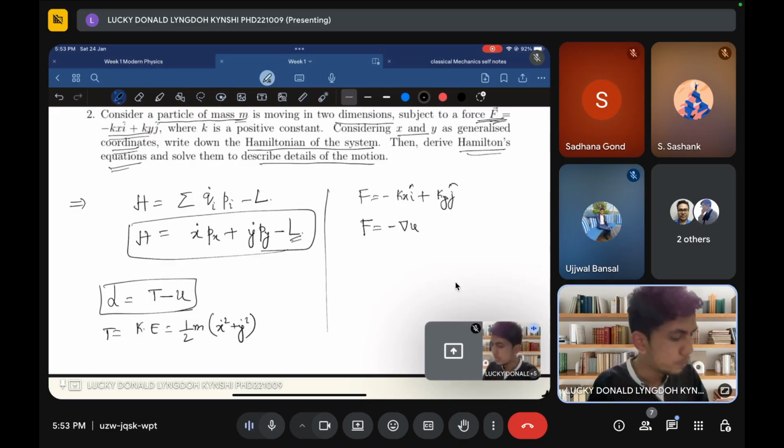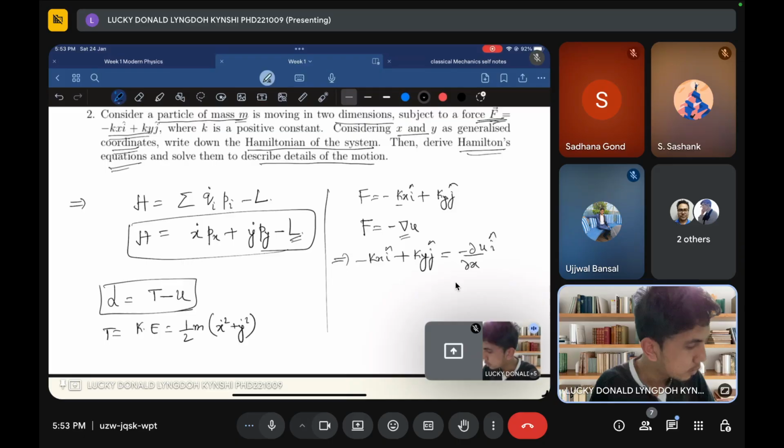Now, minus kx i cap plus ky j cap is given, and minus del U is the gradient, which is equal to minus del by del x of U in the i direction, minus del by del y of U in the j direction.